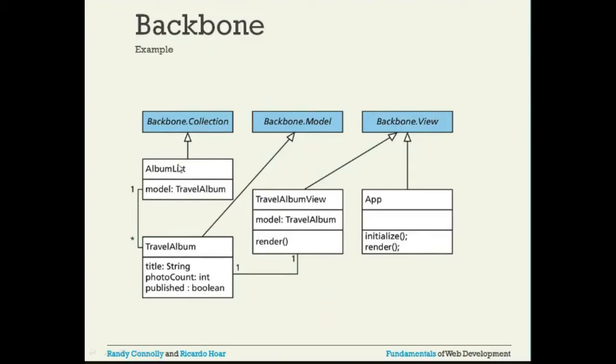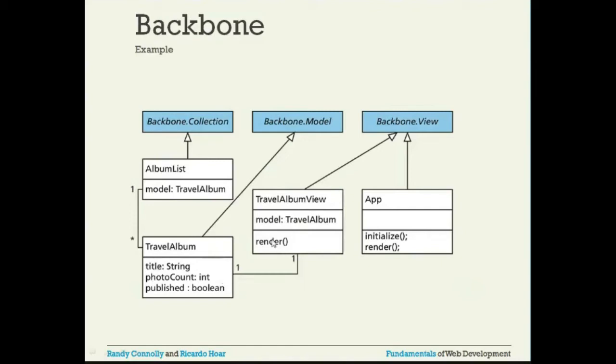This particular collection can store as many models as you want to store. So it is a collection of models; you can see the one-to-many relation. One collection will have many models, so you can store many model objects inside the collection.